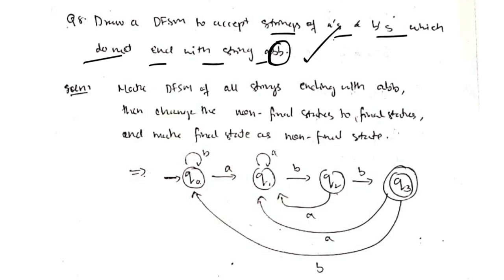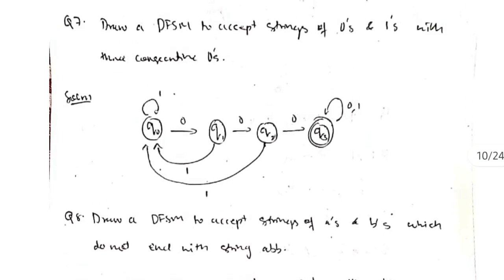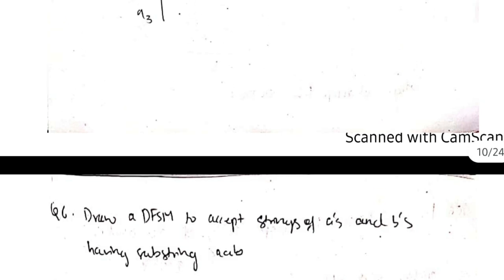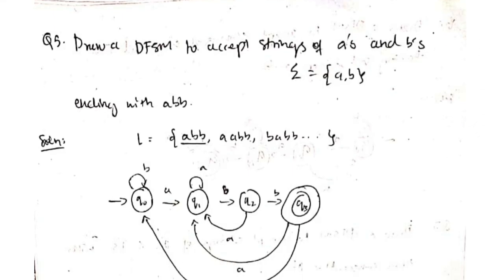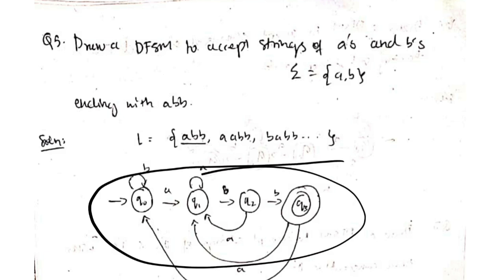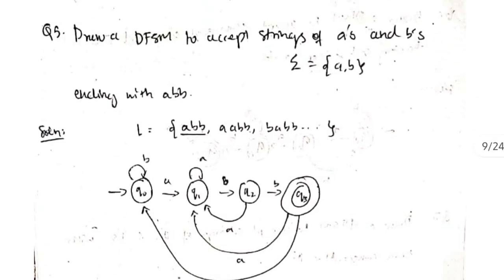See, previously where we did ending with ABB, this is the diagram which we make. This is the first step you have to make if they ask for not ending also. After making this one, just change the final state to the other states.